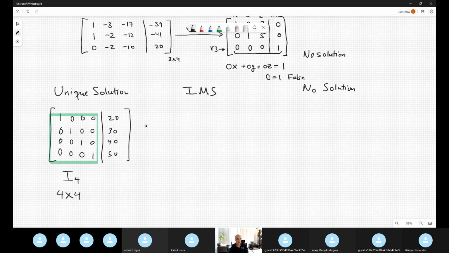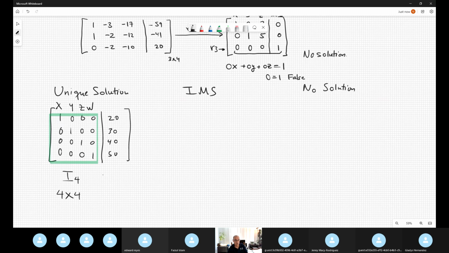So 4 rows, 1, 2, 3, 4, and 4 columns, 1, 2, 3, 4. Therefore, it's obvious because the variables are x1, x2, x3, and x4. Or normally in this subject they call them x, y, z, and w.